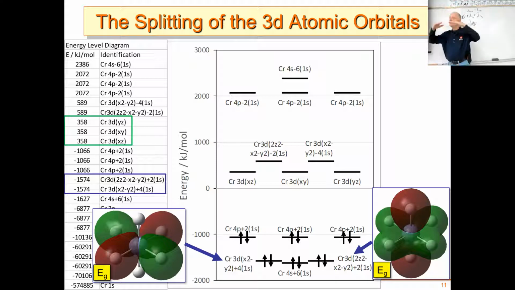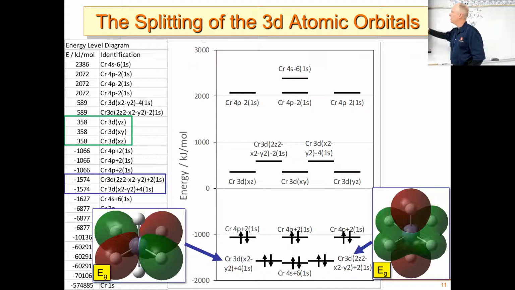So what's happened to those p orbitals is that 3 of the d orbitals went above the p orbitals. And so since those three orbitals went higher than the p orbitals, when we're throwing electrons in this molecule, now those electrons are going into the p shell instead of those d orbitals. So that's what we're looking at here, the splitting of the 3D atomic orbitals.